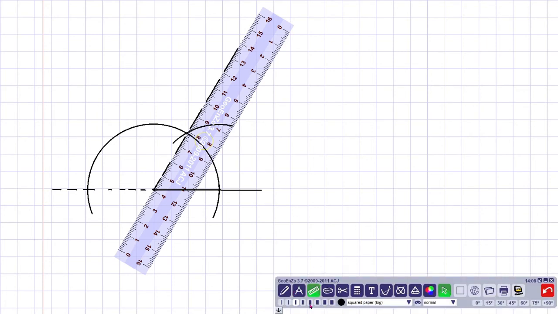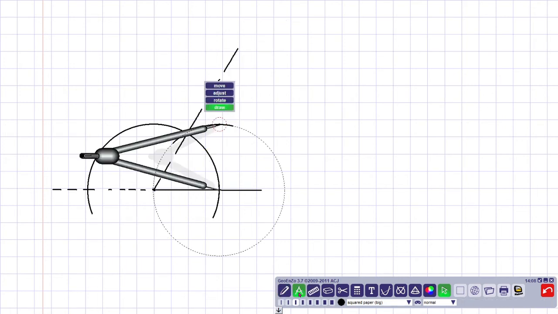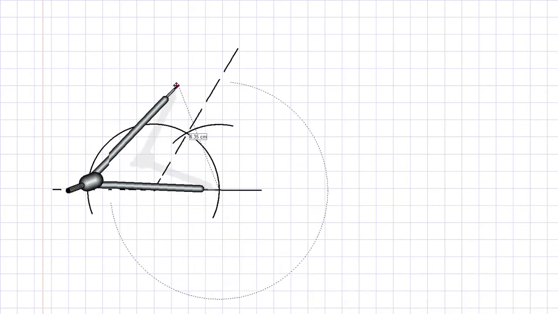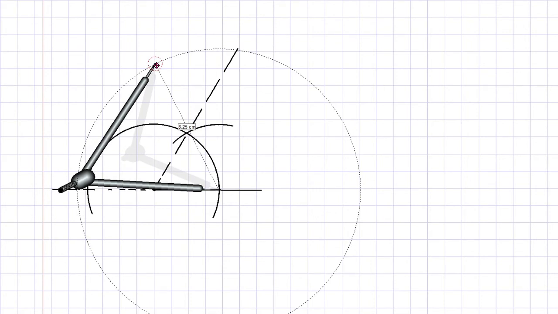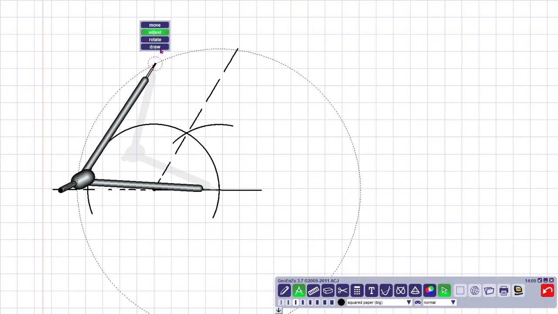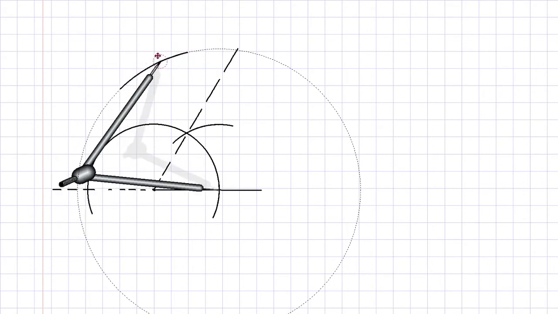Now I want to construct 90-degree angle also in the same vertex. Can you remember how we construct the 90-degree angle? Place the compass here and adjust the compass and draw an arc this way.